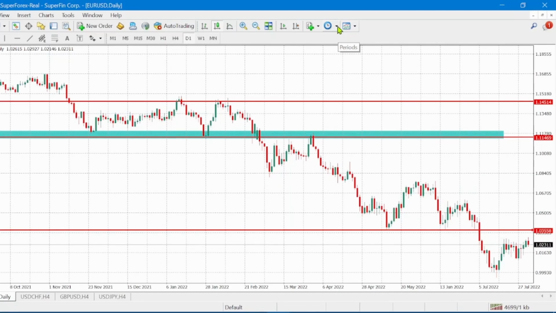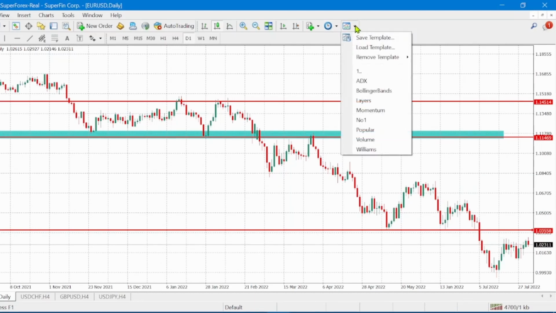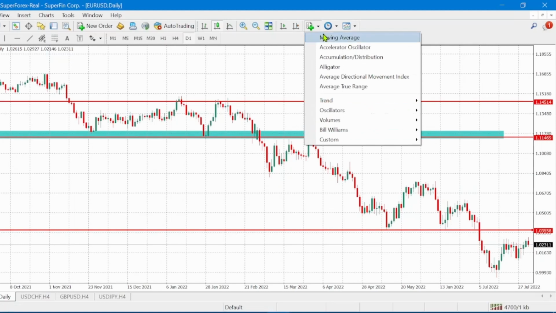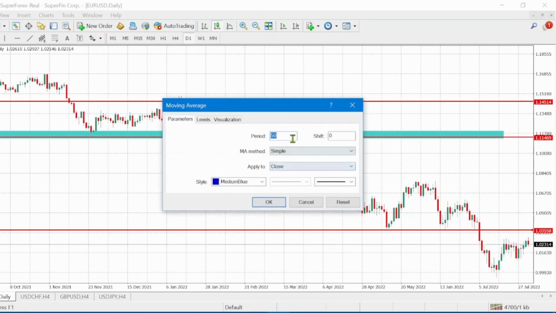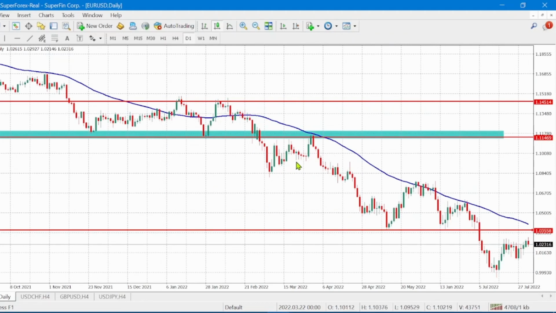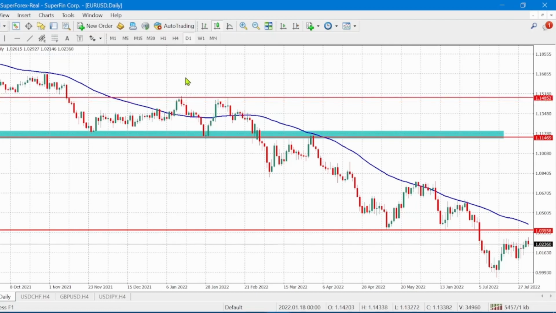Let's do the EMA. We shall be using the 50 EMA. Perfect. And lastly, the trend line. Trend line here.